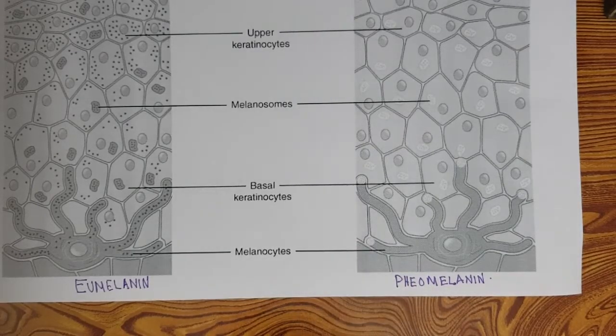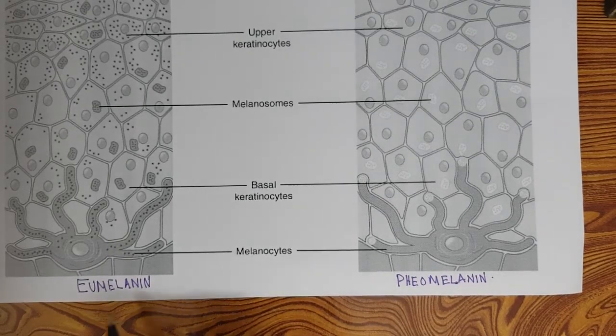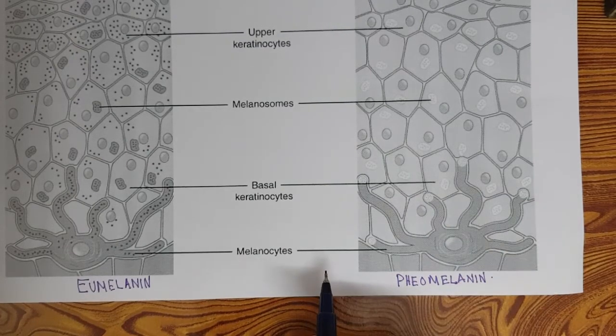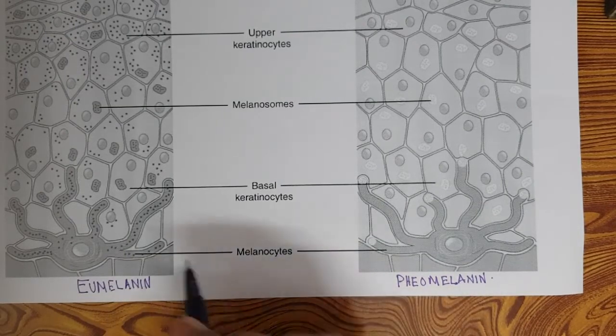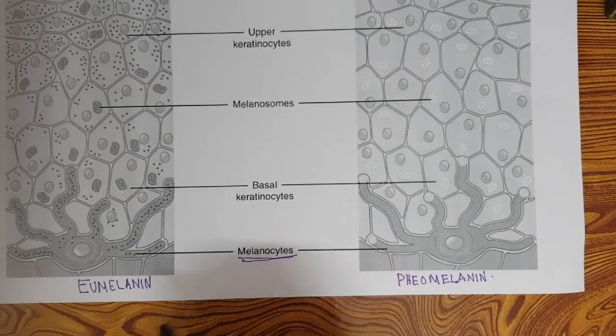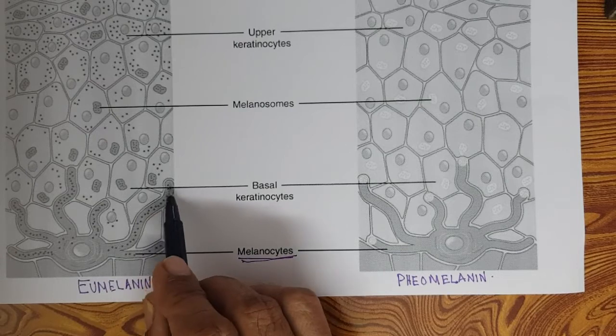To make these two pictures clear, now I have attached the picture again in the middle for a later reference. So eumelanin is black, dark skin. Pheomelanin is lighter skin, and these are all the melanocytes, which produce melanosomes.